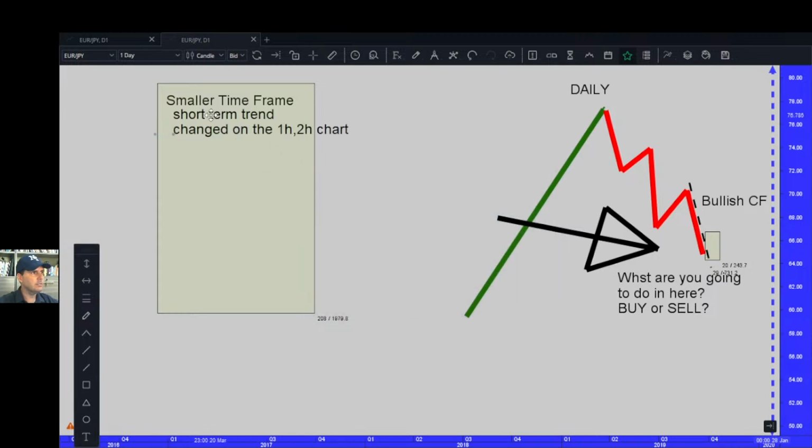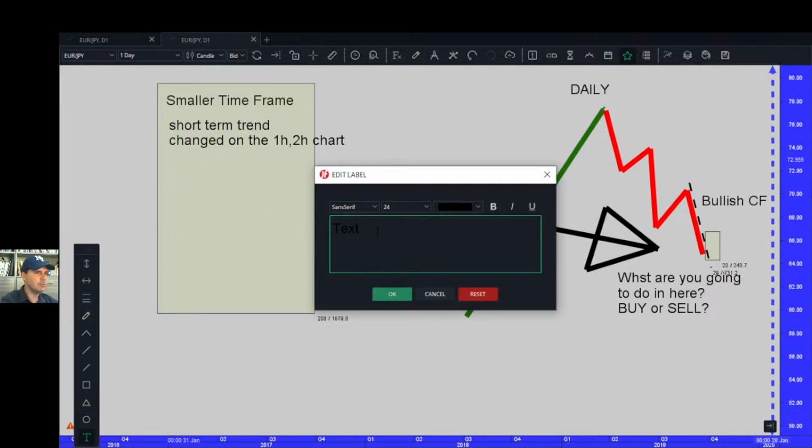Okay, Dimitar, 1 hour chart, candlestick formation, and you have a bullish candlestick formation.